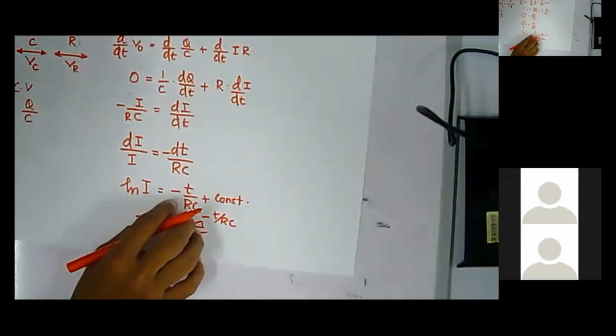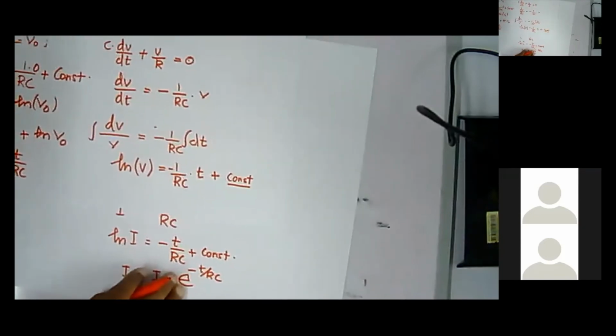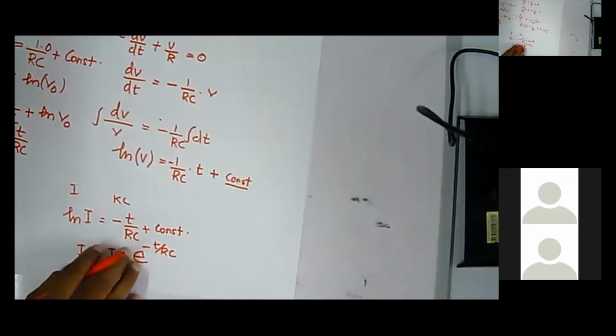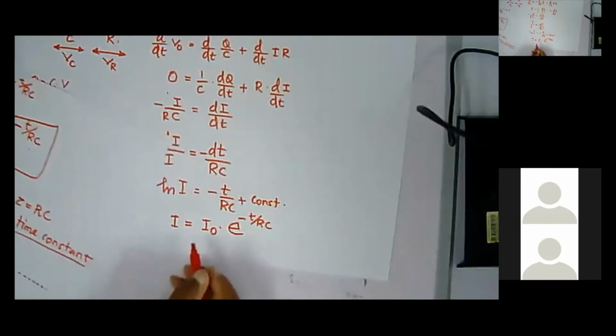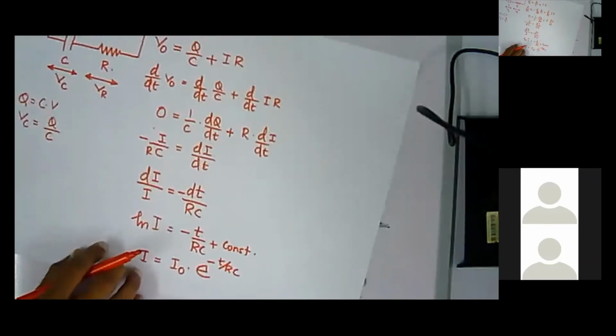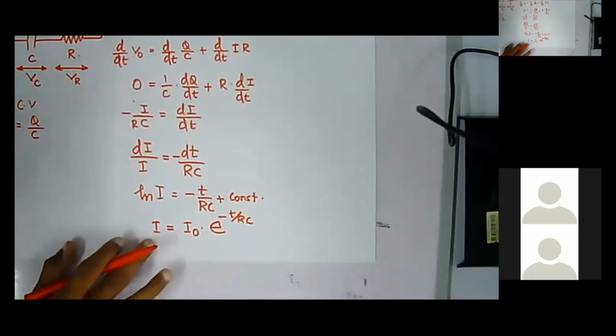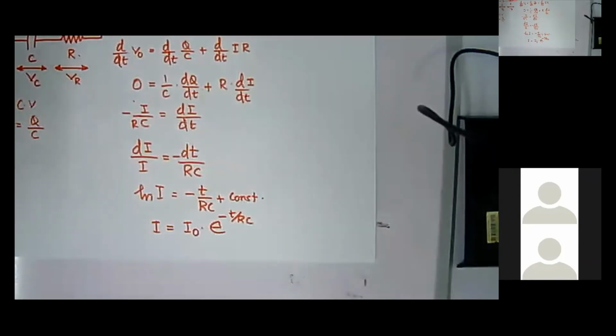This equation is similar to the equation we got for the inductor, where you get t by L over R. So the procedure is the same, and you can use this to solve simple problems.